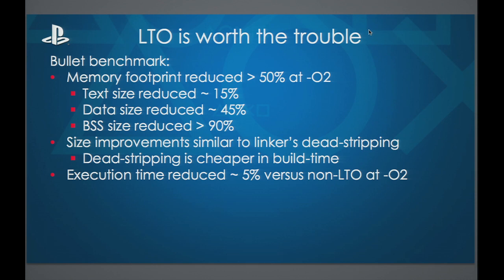We have collected some performance results using the Bullet benchmark, comparing LTO builds and non-LTO builds at O2. We see a 50% improvement in memory footprint. The text section, the data section, and the BSS section have all seen some improvement.